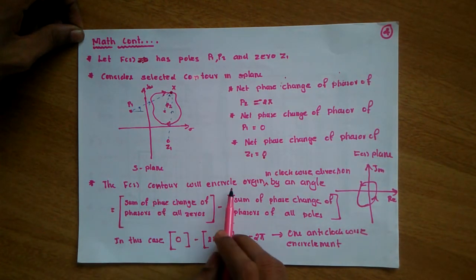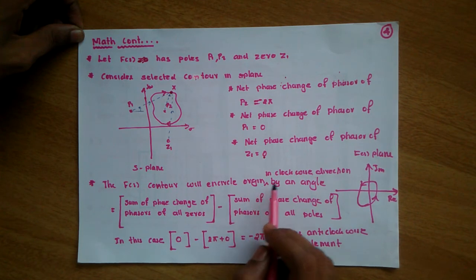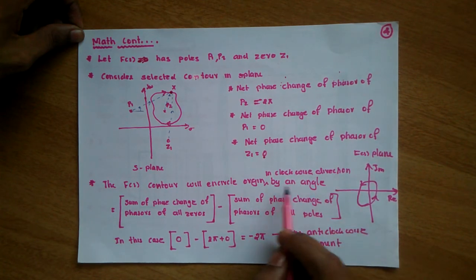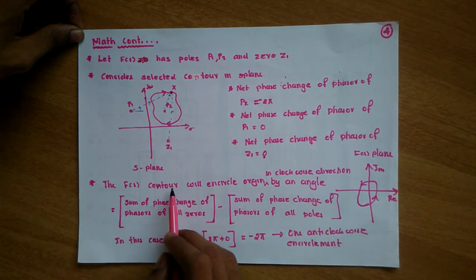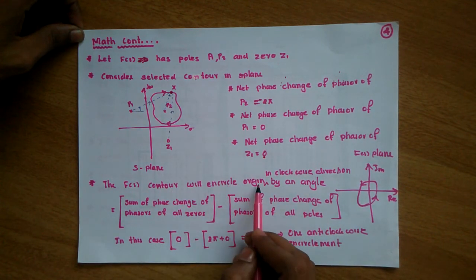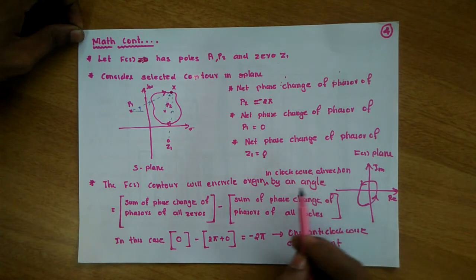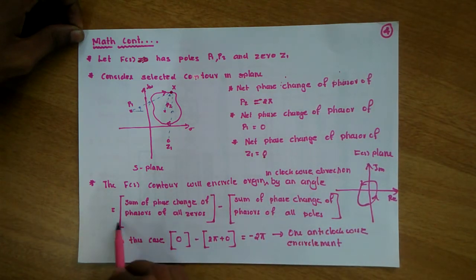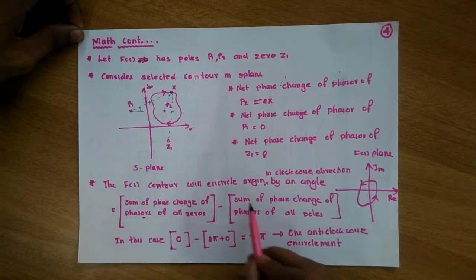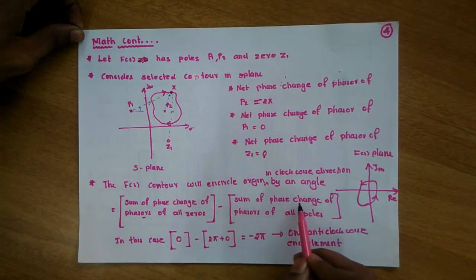The f of s contour will encircle the origin in the clockwise direction by an angle given by the sum of phase changes of phasors of all zeros minus the sum of phase changes of phasors of all poles.